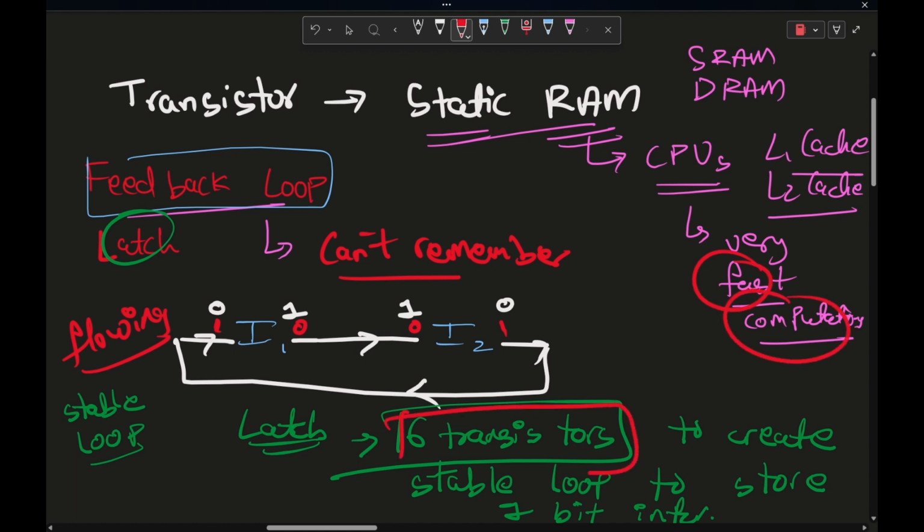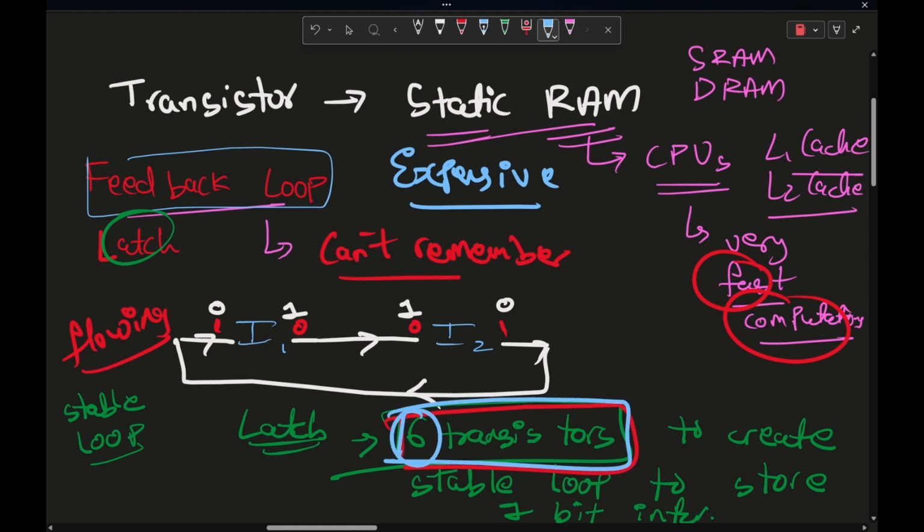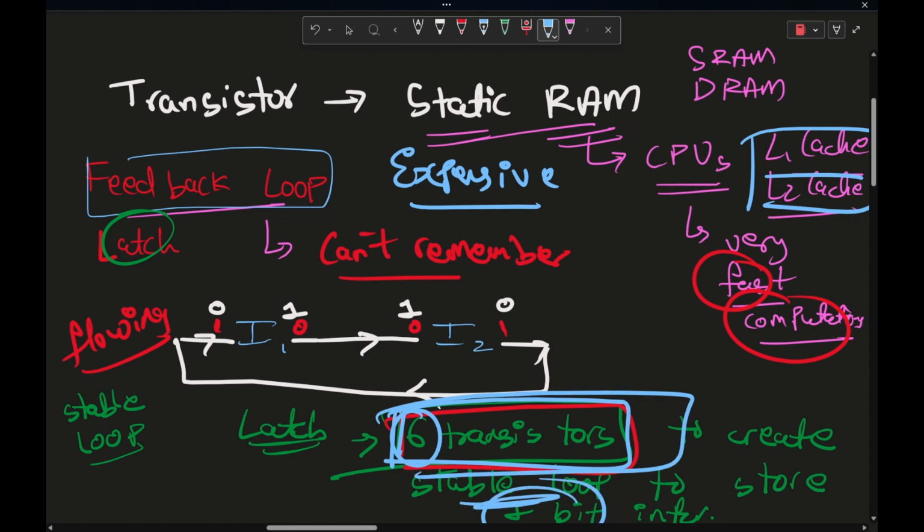It requires 6 transistors, so it is quite expensive, and we can't store billions of bits in this because it is very expensive and relatively large. So static RAM is used in your L1 and L2 cache and uses 6 transistors to create the stable loop to store 1 bit of information.